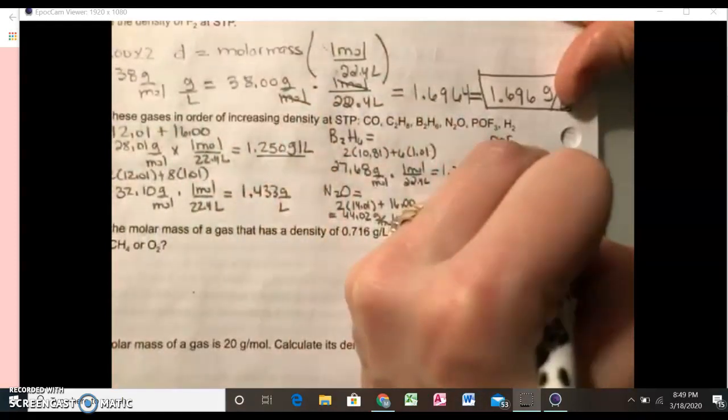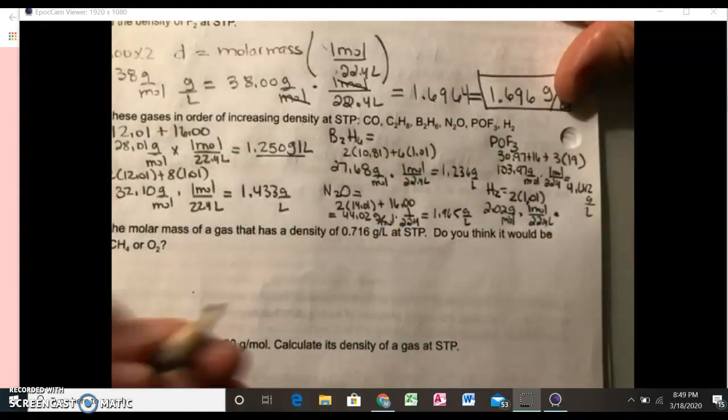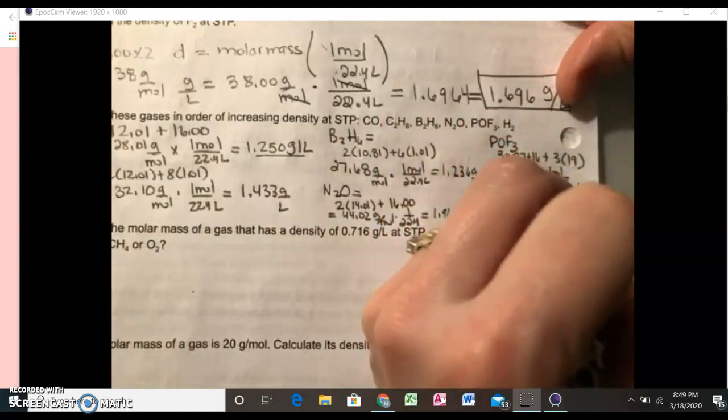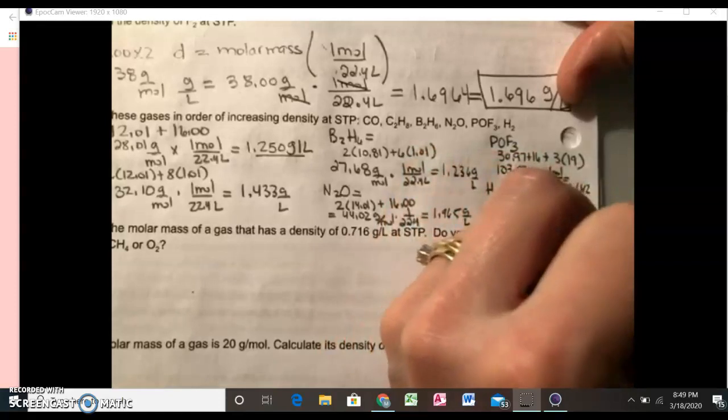That should have said grams per mole. We get 0.0917, and I'm running out of space, grams per liter. Okay, so increasing order.